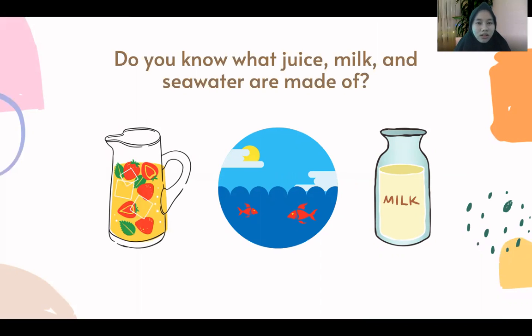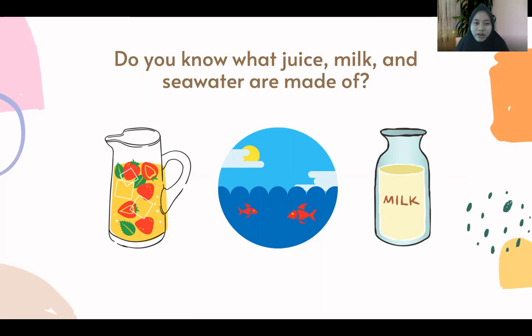What ingredients do we need to make some juice? Here we can see in the glass of juice that there are some fruit and some water. So juice is made up of some fruit and water.